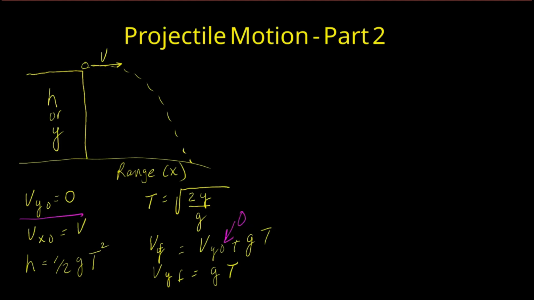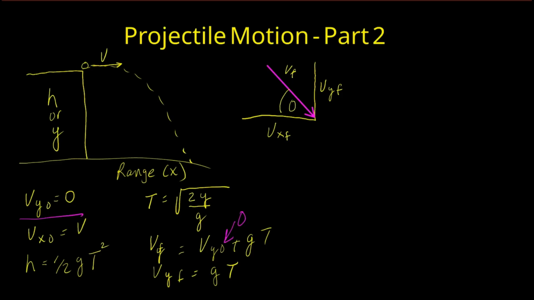We're going to add some more components to this. For example, we often want to know what is the velocity vector when this object hits the ground. If the velocity y final is on this axis, and velocity x final is on this axis, and my vector comes in like this, this will be my final velocity.